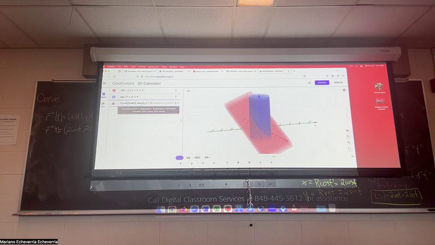What is the third entry? 1 minus 2 cosine of t minus 2 sine of t. The name of the parameter is t. And let me make the parameter go from 0 to 2 pi, because sine and cosine repeat after 2 pi, they have period 2 pi. So that's enough to see the entire curve in this case.